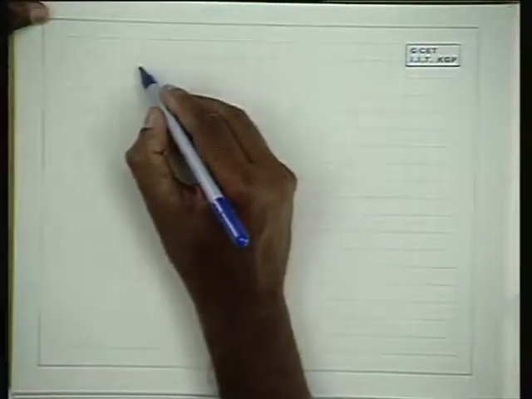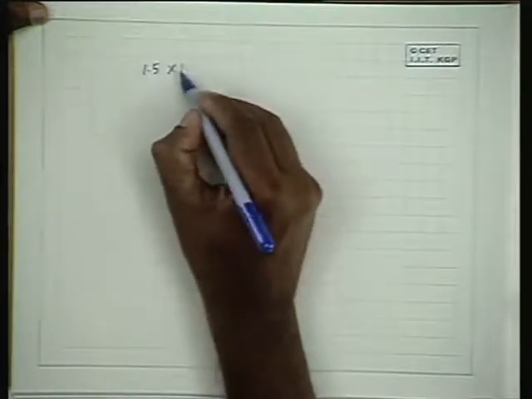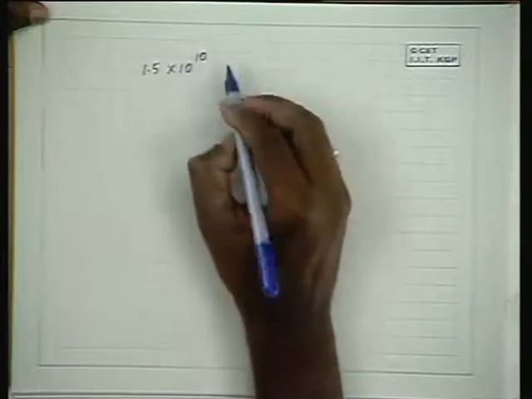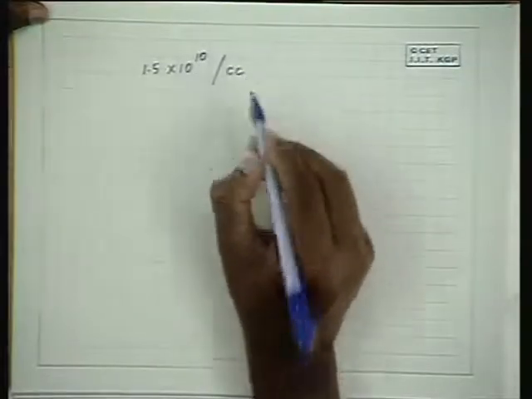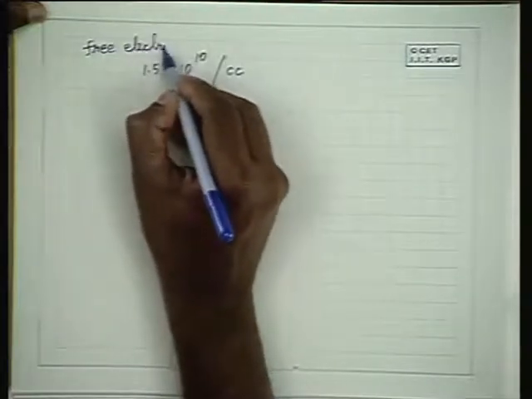And the concentration of the free electrons is of the order of 1.5 into 10 to the power of 10 free electrons per cc, typically the free electron concentration.